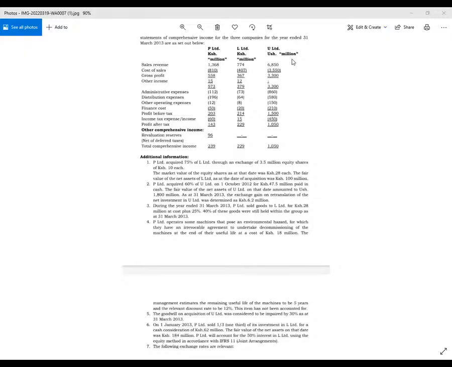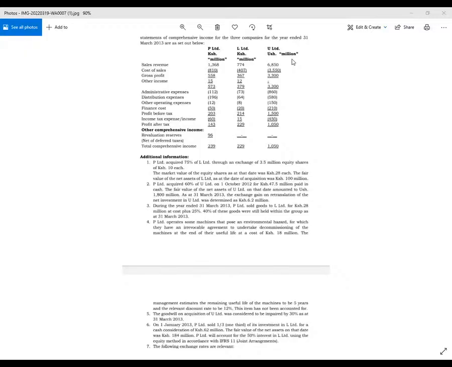We have cost of sales, I can see a figure of 35.50. Remember, it is the last column, which happens to be the Uganda column, right? The next expenditure there is administrative expense, which is 3,300.